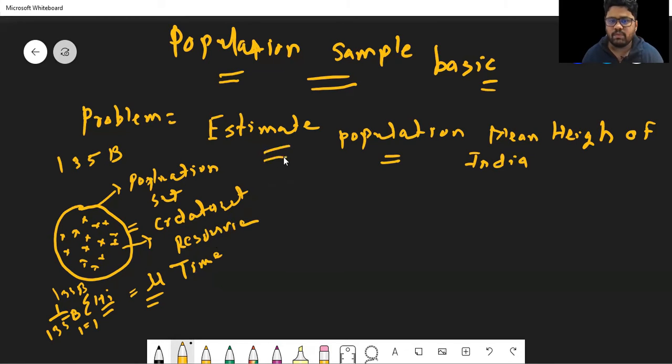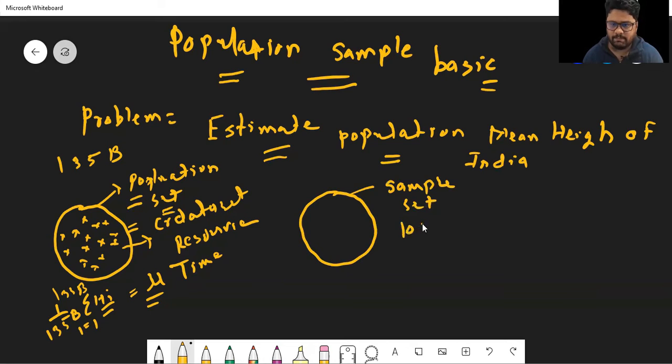To solve this problem there is an alternative method, which requires less time and is very cost effective. In the second approach we will create a sample set. Earlier it was the population set, but here we create a sample set of 1,000 people.